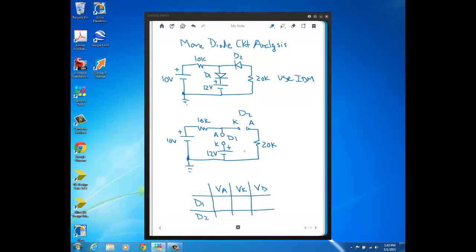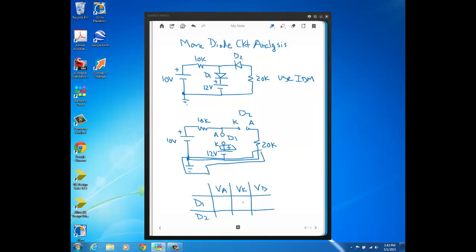And now it just becomes a nodal analysis. So we'll start here. Notice that the bottom node is ground. Now we'll start right here at this node, which is VK of D1. You know, when there's a source between a node and ground, that node is just equal to the source value.